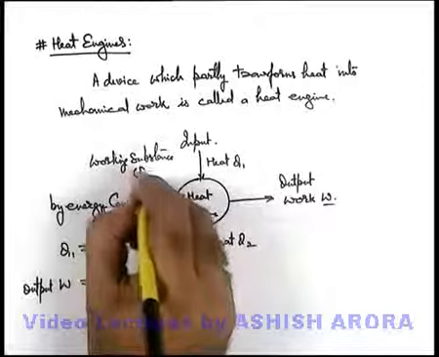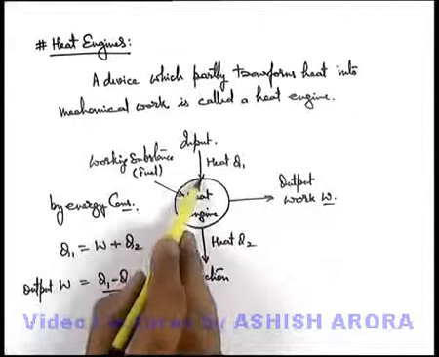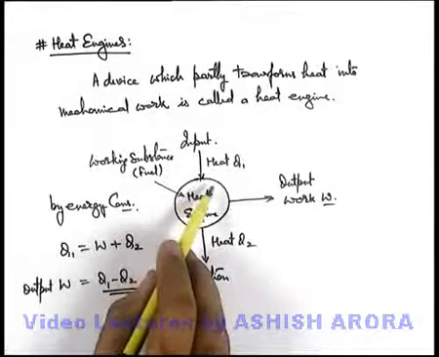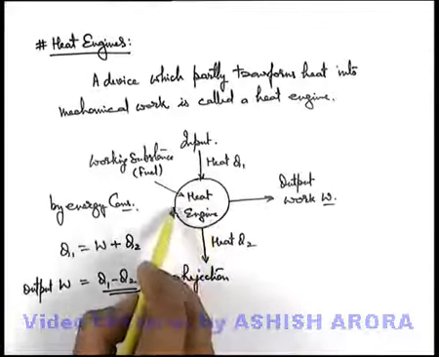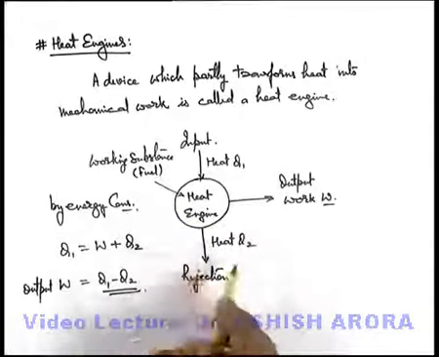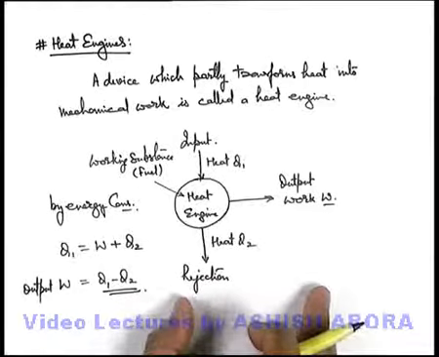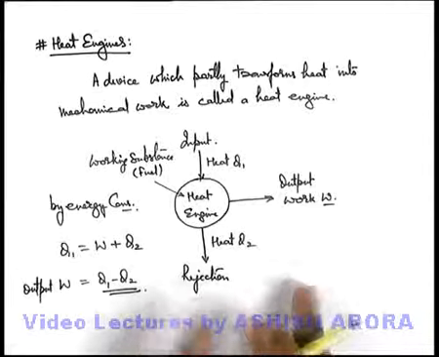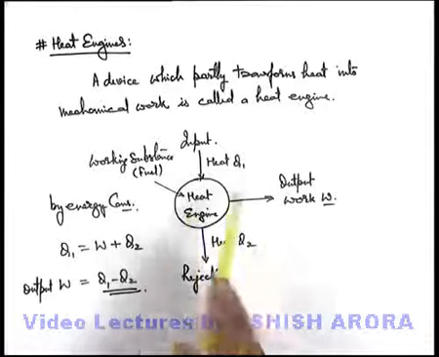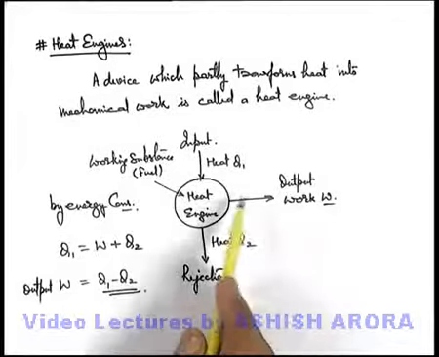The working substance is actually fuel of the heat engine, in which we can state it starts from an initial state where it accepts heat Q1 from the input source, does some work and comes back to the initial state and rejects an amount of heat Q2. We'll discuss about the heat engine in detail here. Right now we have discussed only about the basic fundamental of a heat engine, how it acts and what are the components of energies which are involved in the heat engine. One is the input heat, other is the rejected heat, and one is the work done which is done by the heat engine.